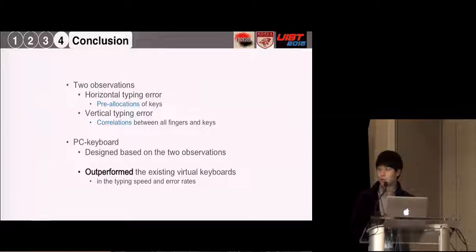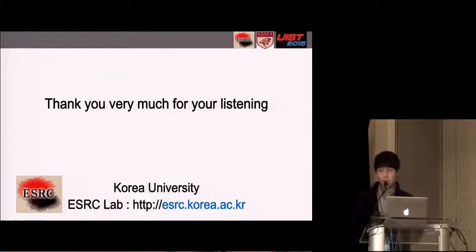Through the 2 experiments, we found out the correlations between all fingers and implemented novel virtual keyboards. Finally, we show that our novel virtual keyboards outperform the existing virtual keyboards with respect to all aspects. Thank you very much for listening.